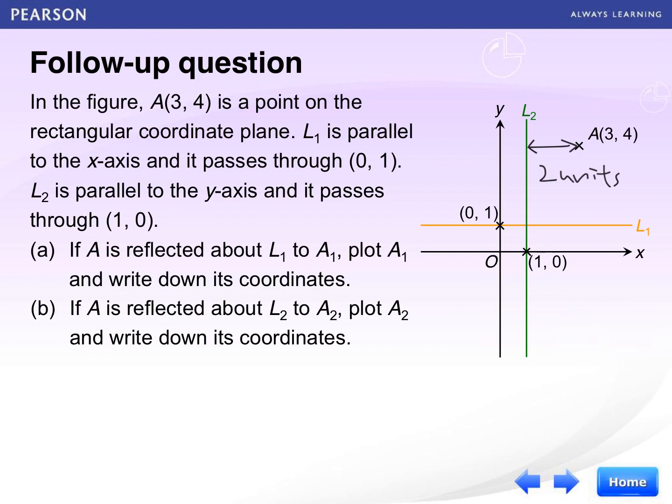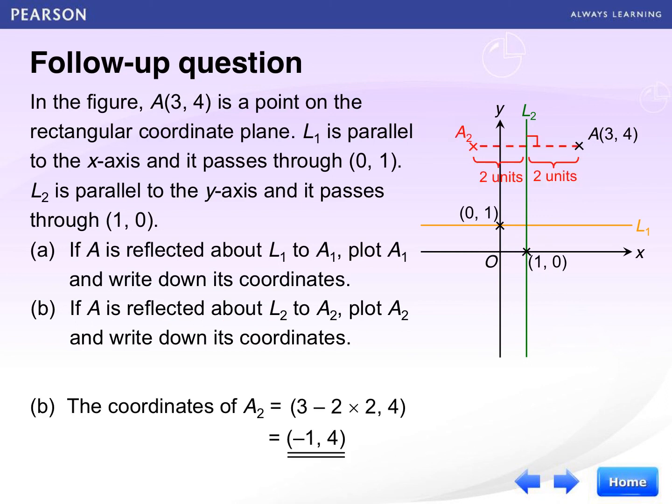A2 and A form a horizontal line, so their y-coordinates are the same at 4. The x-coordinate of A2 will be 1 minus 2, so the x-coordinate will be -1, and the y-coordinate is still 4. Therefore, the coordinates of A2 are -1 and 4.